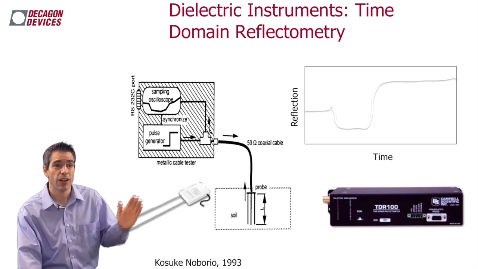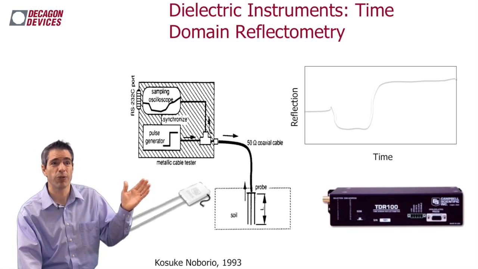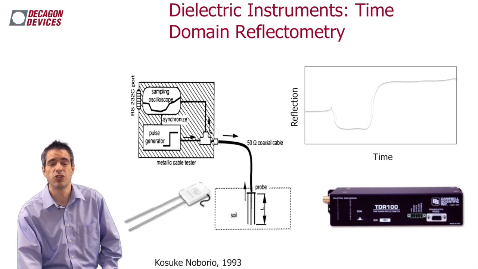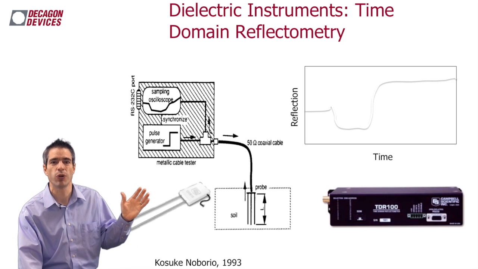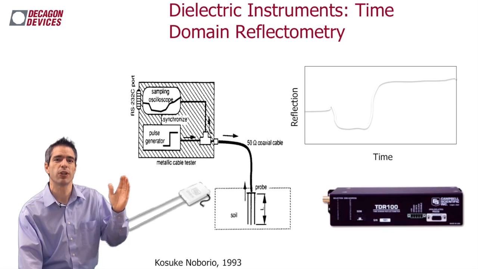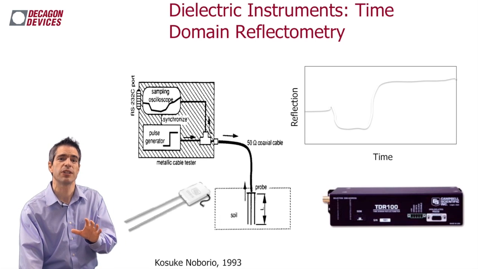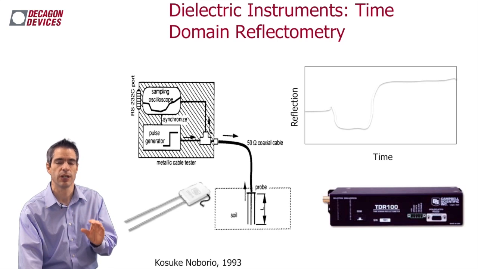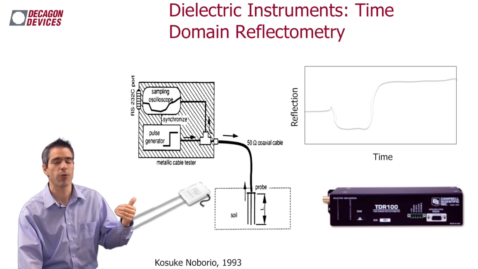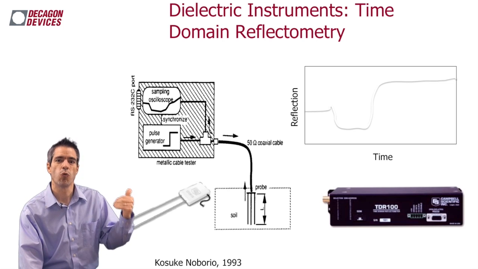So here I'm going to first say we have this generator that generates a voltage pulse that we're going to send down a cable. Now, can I just say that initially this technology was used to hook up to power line cables to try to figure out where power lines were broken.